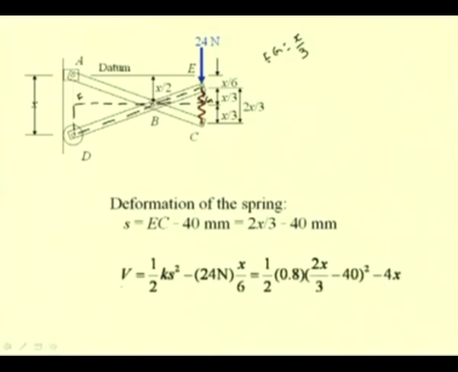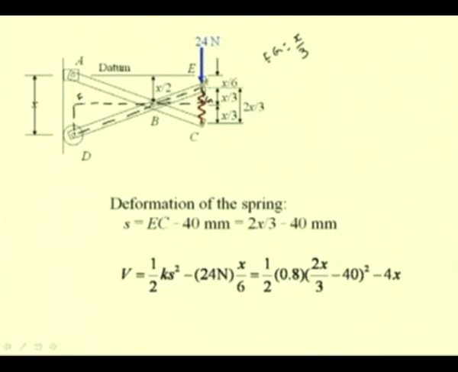So, the potential energy associated with the spring is given by half k into stretch of the spring square minus the potential energy or the work done by this conservative force, 24 Newton force.